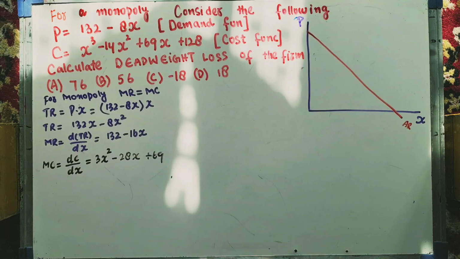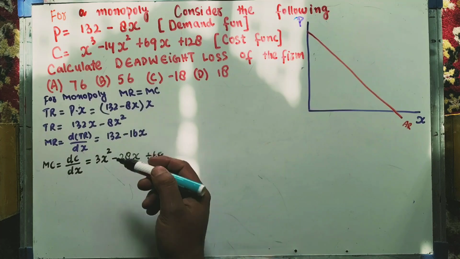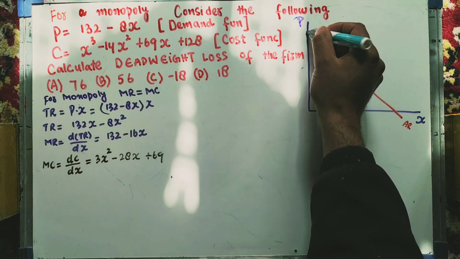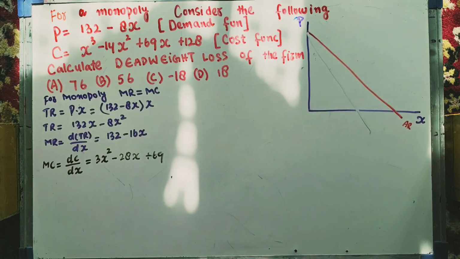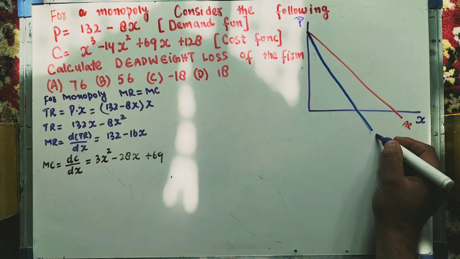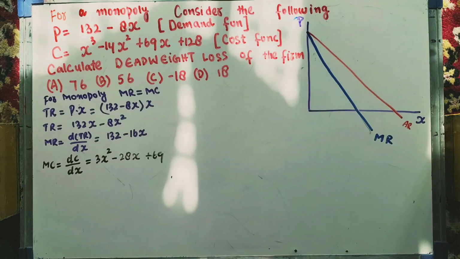We have the marginal revenue function. It has the same intercept as that of the inverse demand function. So let me use another color. It has the same intercept. This is our marginal revenue function. Okay, and this is our marginal cost function.